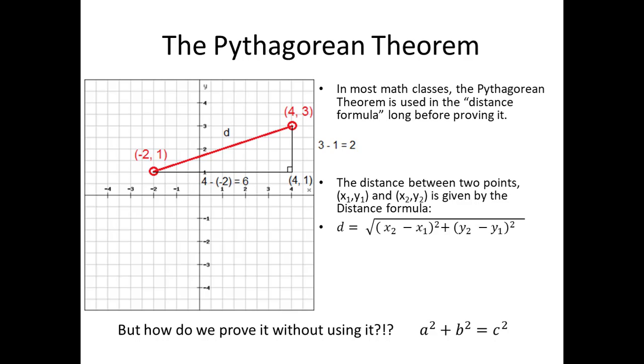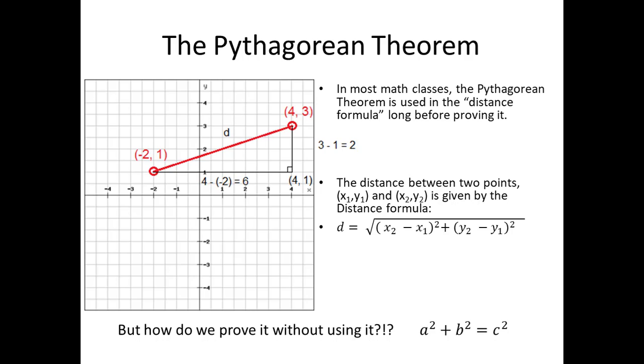So if we take the distance between 2 points, we have one point x1 and y1, might be the point -2, 1, and then the other point on the right hand side there is 4, 3. So x is 4, y is 3 on the second point. On the first point, x is -2 and y is 1.